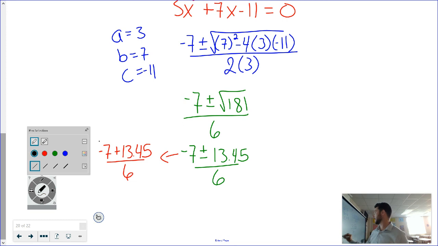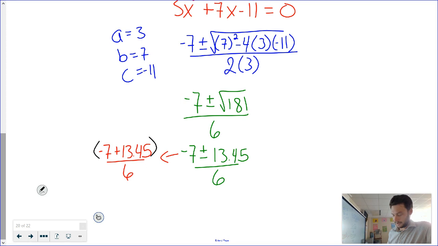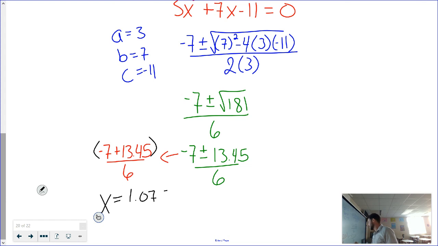So this top section kind of has its own set of parentheses around it. If you just type it all into your calculator at once, it'll do the division first. So you need to do -7 plus 13.45, enter, and get 6.45, and then divide by 6. So we get 1.075. Or let's just say 1.08 because we're rounding.